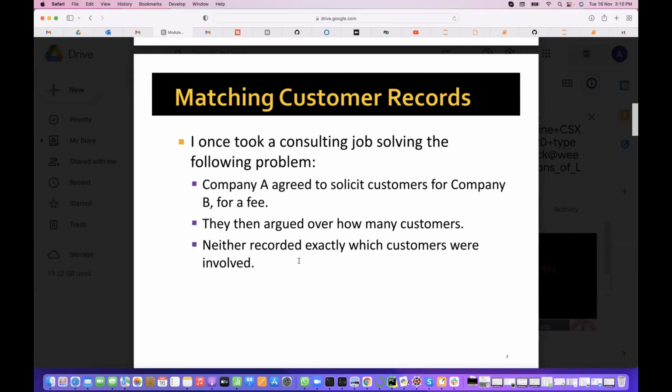B may say 1,000 customers, but A will say yes, we received requests from 1,000 from your side, but actually the same person you referred twice, you referred thrice. So it becomes 1,000 minus 3, something like that.